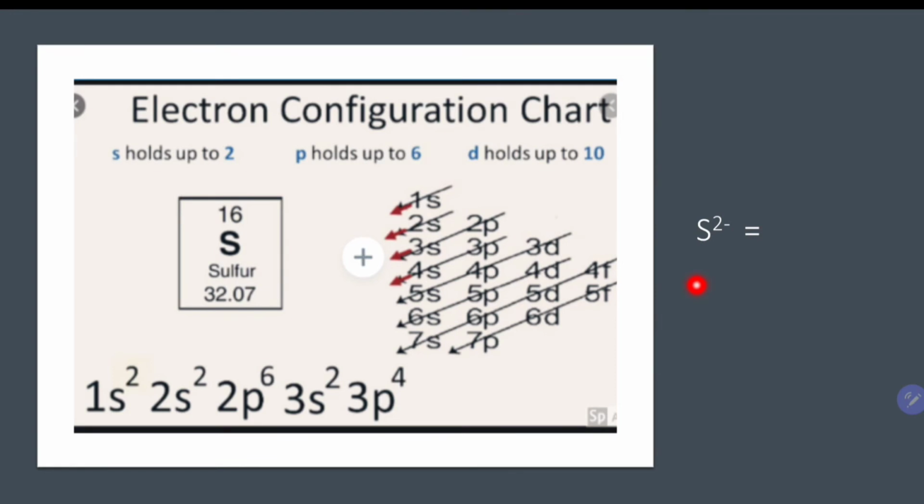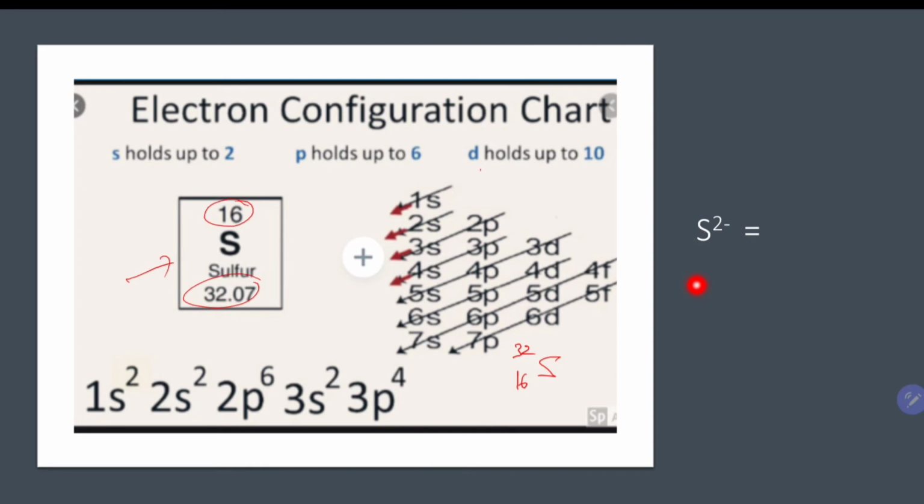For sulfur, number 16, this is the mass number. This is a different way to write the notation of an atom. Usually we write 16 and 32. So there are 16 electrons in a sulfur atom.